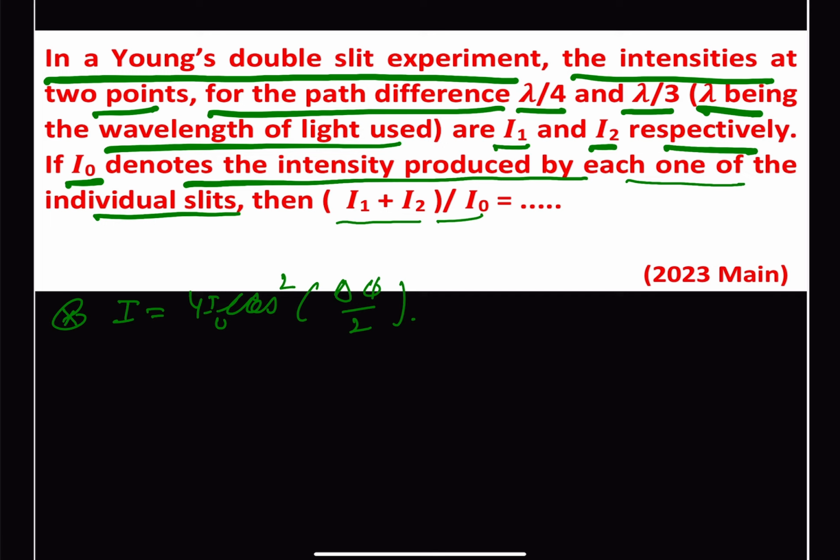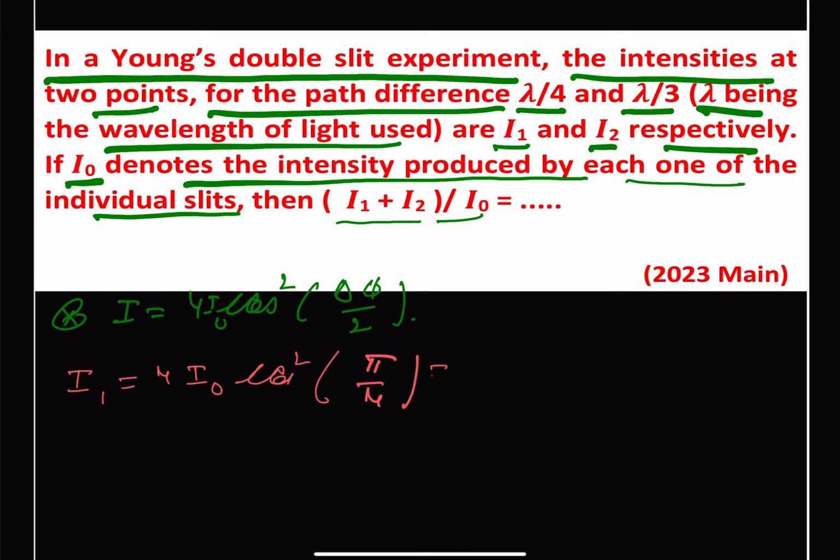The path differences are lambda by 4 and lambda by 3. So we can write this into two parts. For the first, I1 will be equal to 4 times I0 cos square, and our phase difference delta phi will be pi by 2, so we can write this as pi by 4.